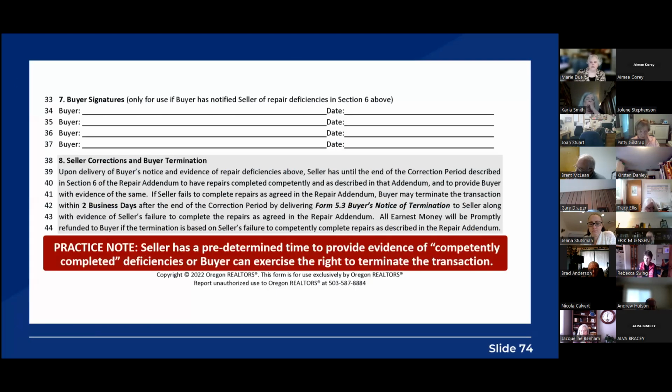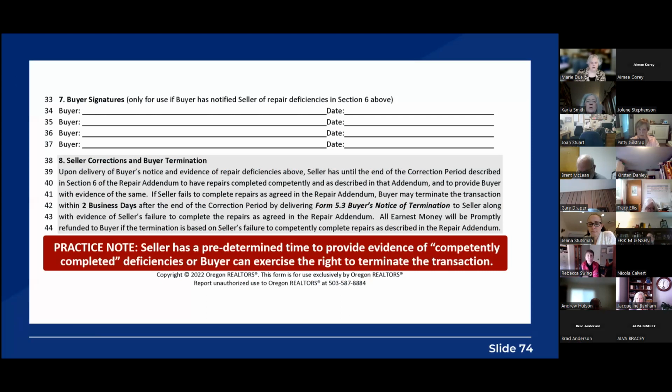So before I leave that, let me check chat. So in lieu of price, the lender may not require, what about a lender? Will they not require repair being done? That's going to be up to the lender to decide whether or not they have the repair done. And we know that right now there's some lenders that will say, I don't want to know that that's for repairs or whatever.